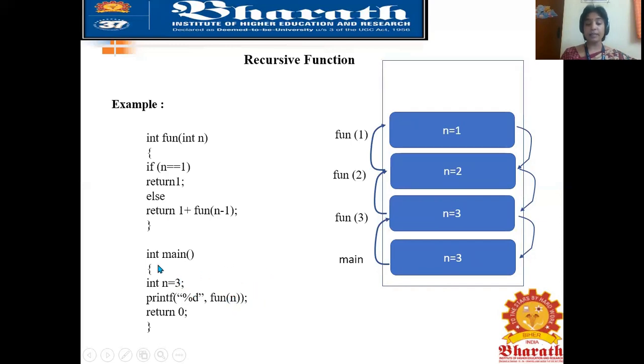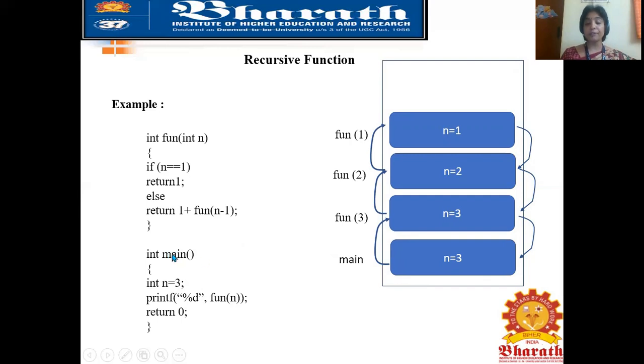So when a compiler first sees a function call, what will it do? It is going to make an activation record inside a stack. Let us consider this as a stack, and each time the compiler sees a function call, it maintains an activation record.